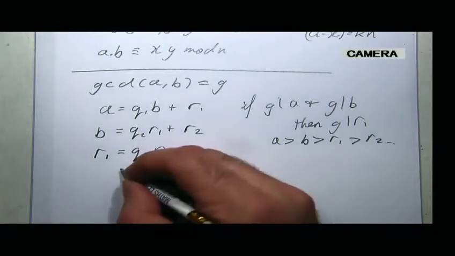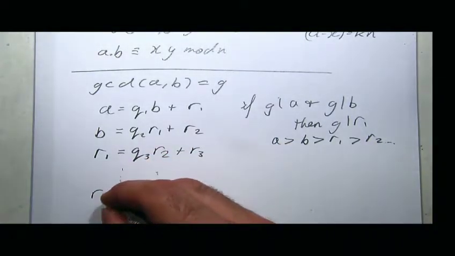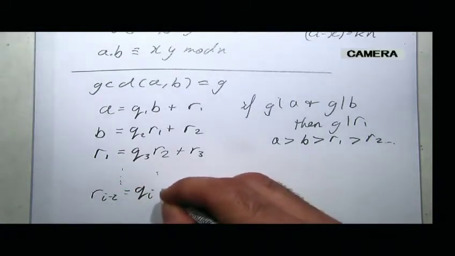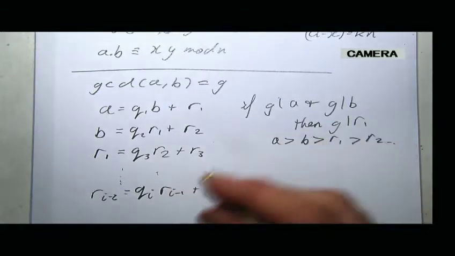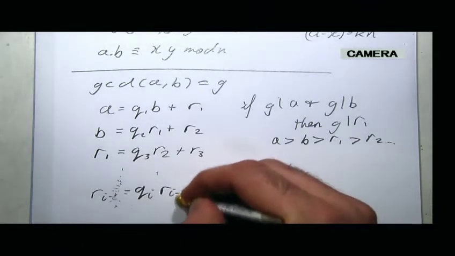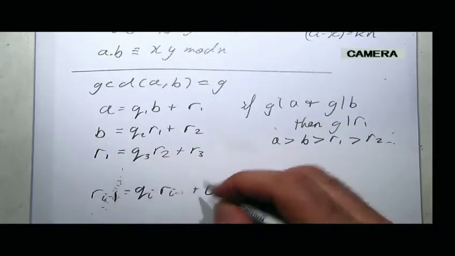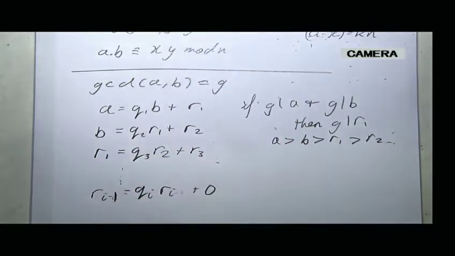And so ultimately we're going to have Ri minus 2 equal to Qi Ri minus 1 plus 0 here. Ultimately, we're going to stop. And that's the key point here. Whenever we do an algorithm, we want our algorithm to stop.